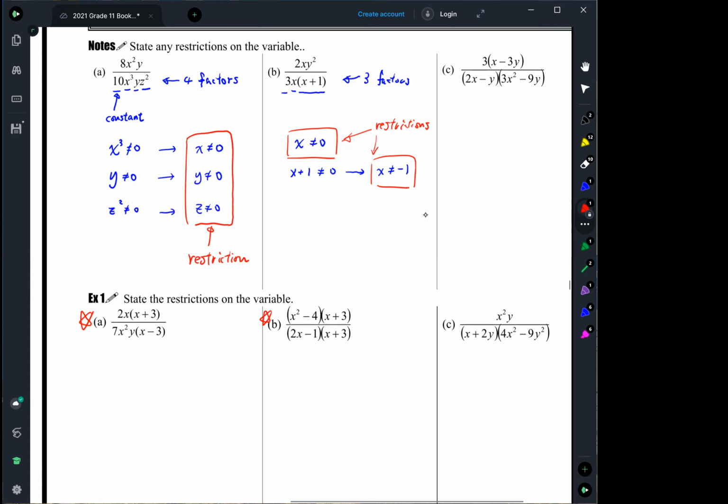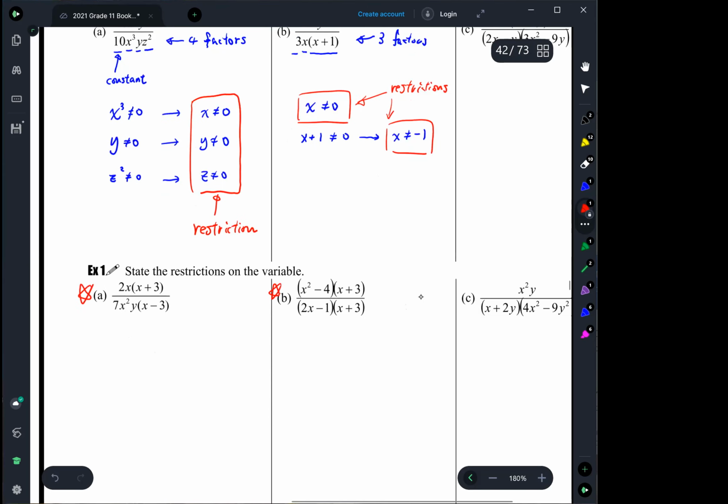Please raise your hand if you finish A and B. So if you're already on B, even though you see x plus 3 on the bottom and also x plus 3 on the top, do not cancel them out, okay?